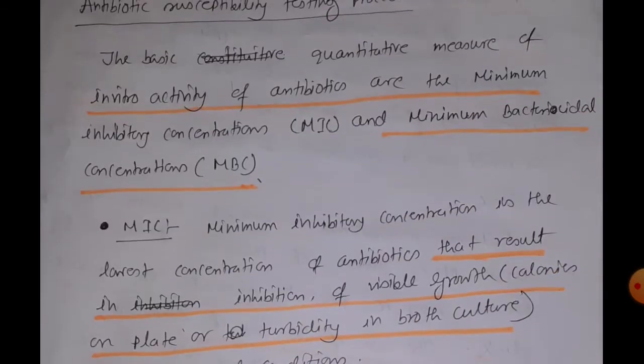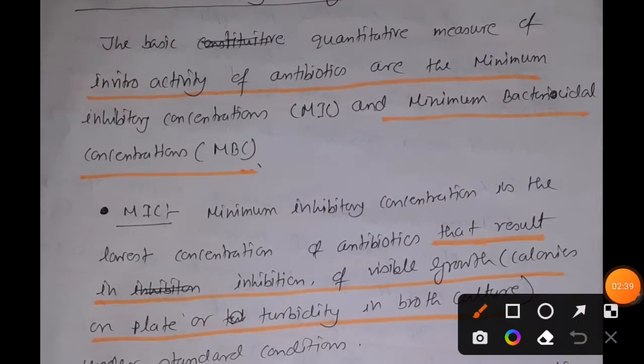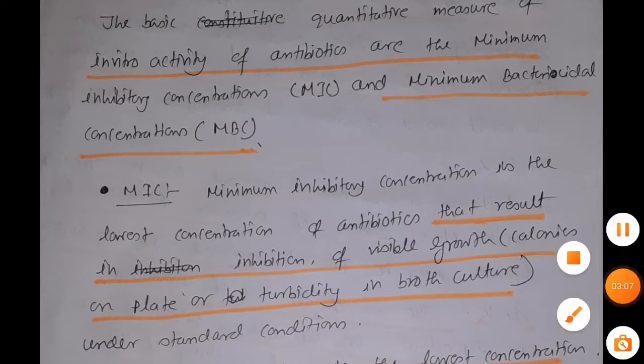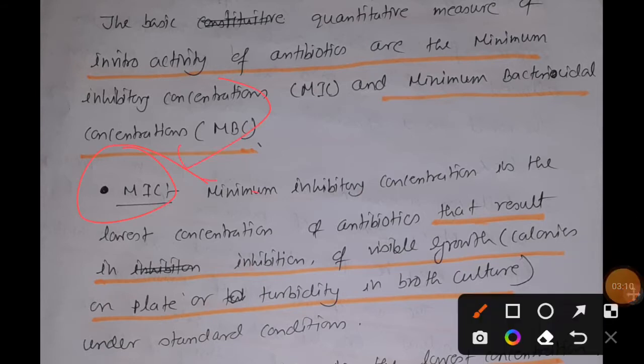These two things are similar to the ID50 and LD50 we have discussed, right? In the very first videos of medical microbiology we discussed two terms, lethal dose 50 and infectious dose 50. Infectious dose 50 is the minimal amount of pathogen that is enough to infect half of the population, and you can find the similarity of ID50 with MIC.